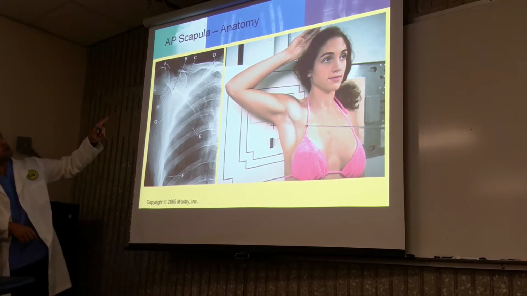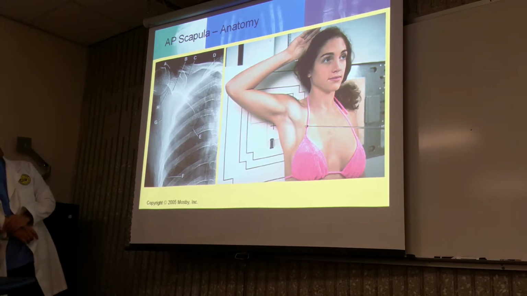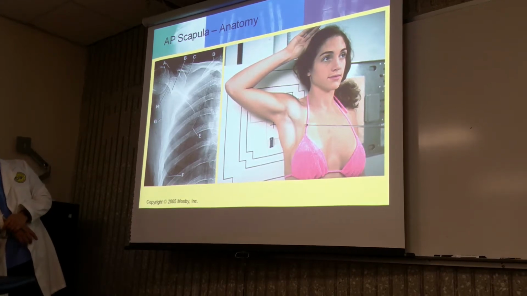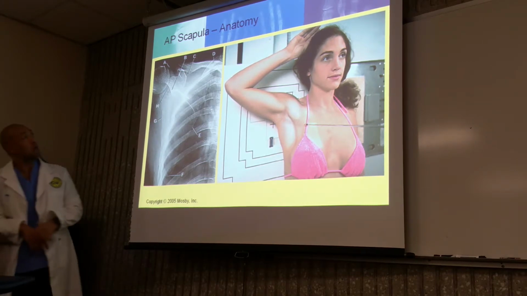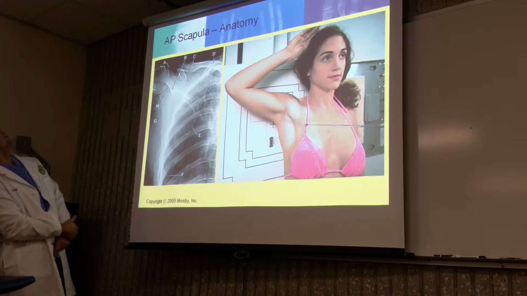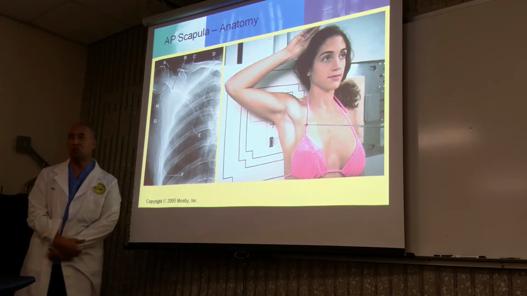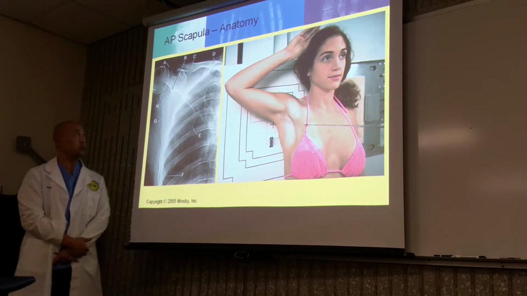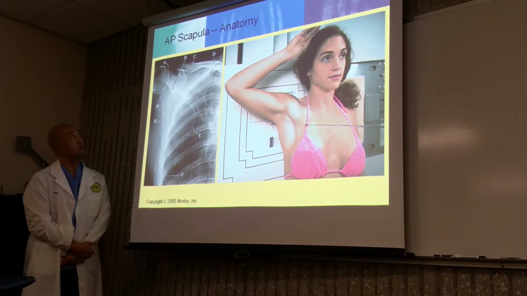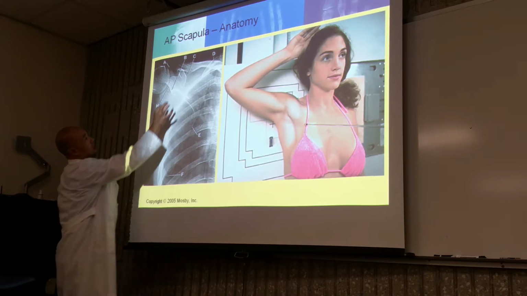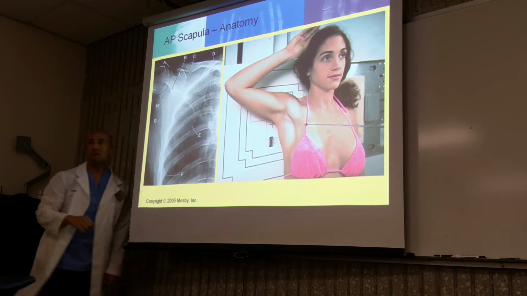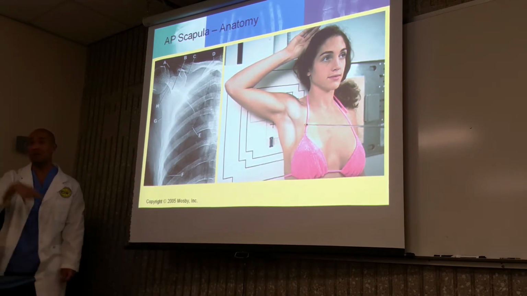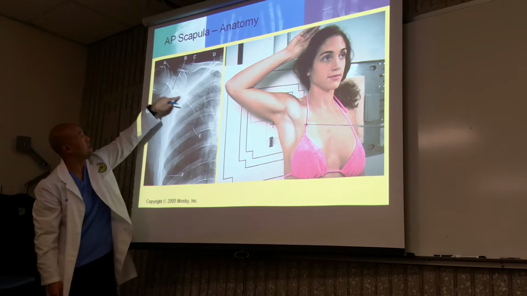Okay, so what do we have here for D? Let's start with D. The sternal end. So that's the body or the shaft of the clavicle. What is C? That's the joint, the AC joint. Now what B is pointing to is this thick area going across the top of the scapula. It's the crest or the spine of the scapula.